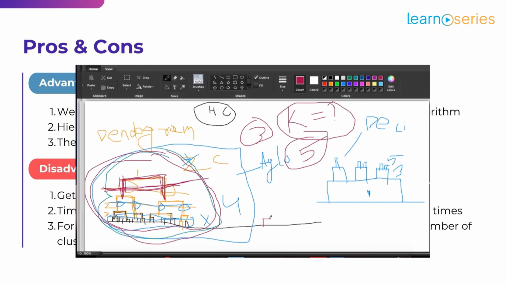It assumes that all these 10,000 rows are individual clusters. I am only talking about 10 data points here, but where it is 10,000, it's huge. Then it will group like this, like this. So it's a very time-consuming process.